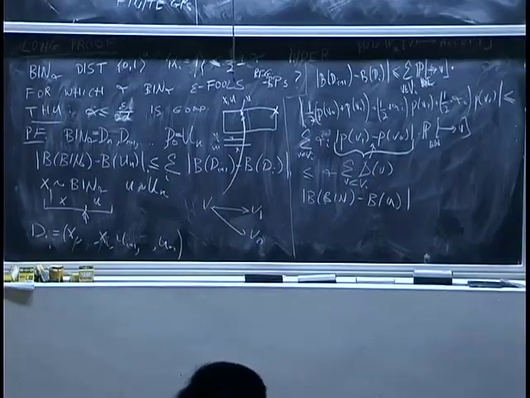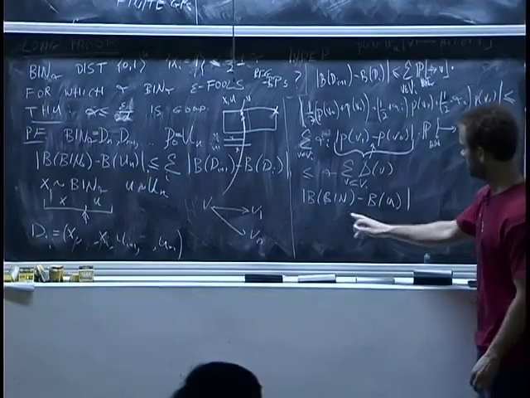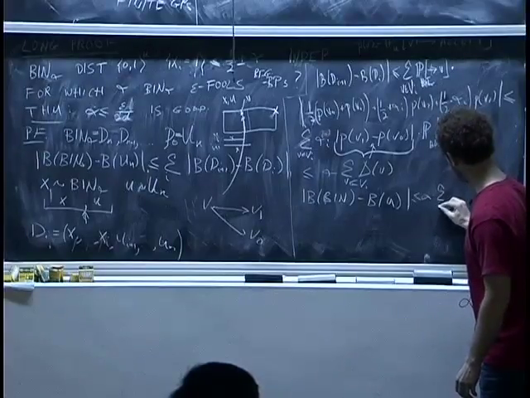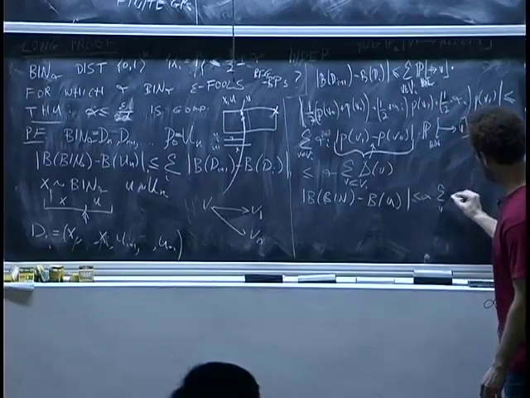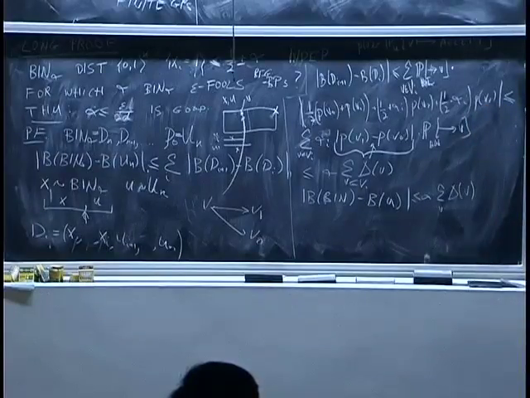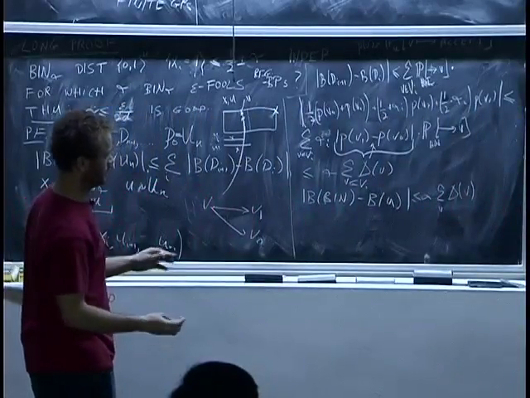Are you willing to lose a factor of D? Yeah, it doesn't really matter for us. So this is alpha times the sum over all vertices of this number. So this is what we got so far.